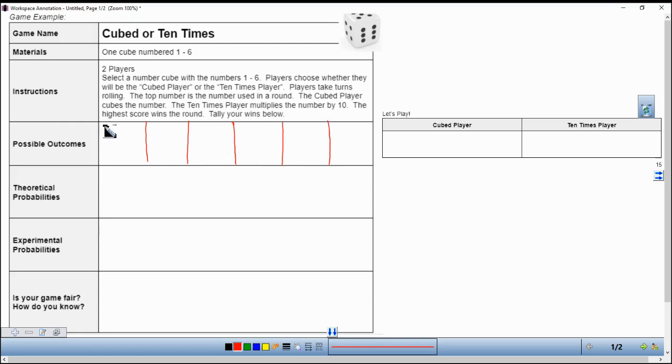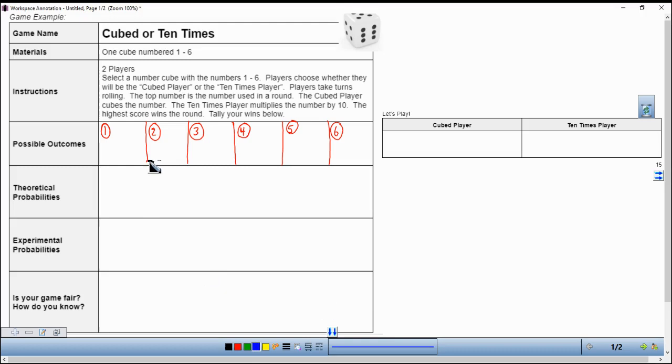So we could possibly get a 1, a 2, a 3, a 4, a 5, or a 6. Those are our possible outcomes. We're going to add a little bit more to that section a little bit later.